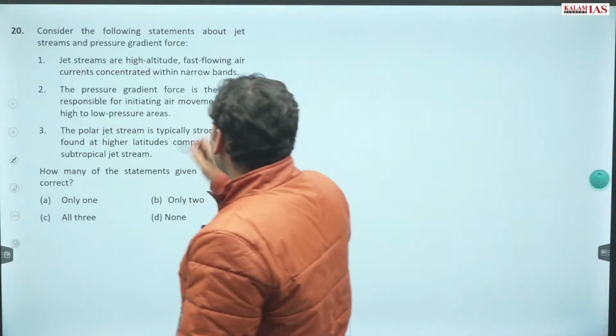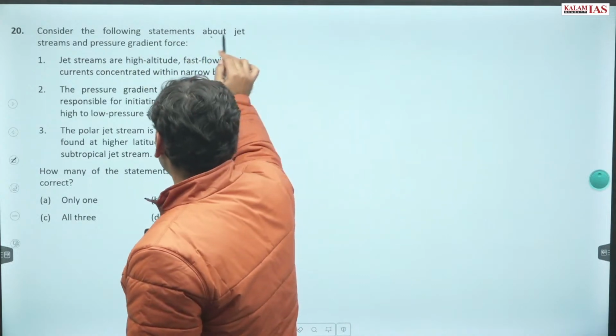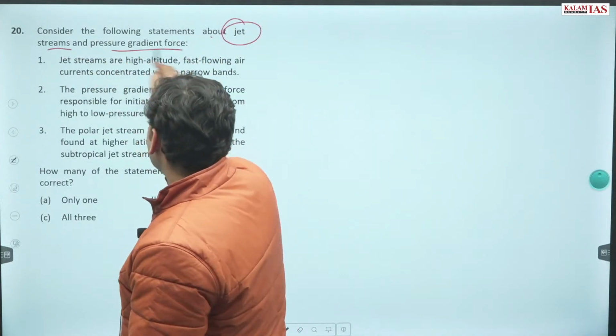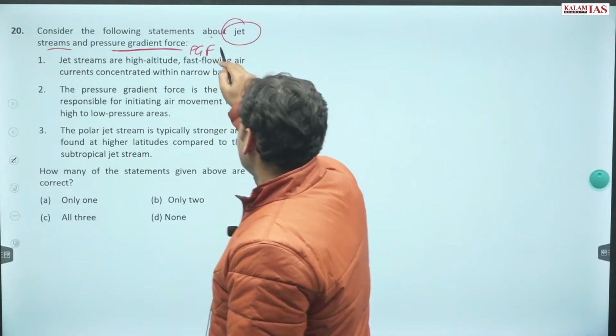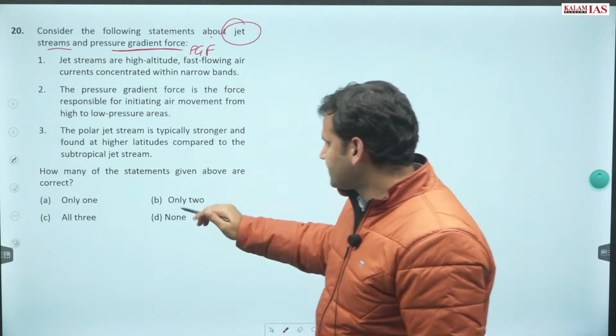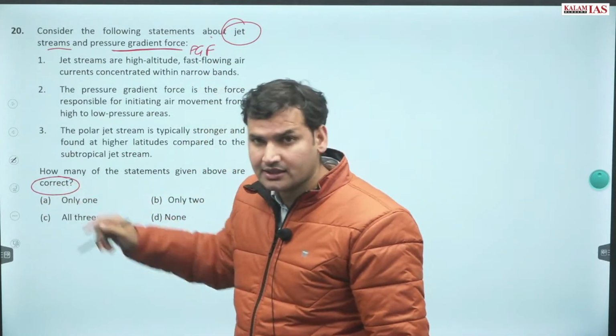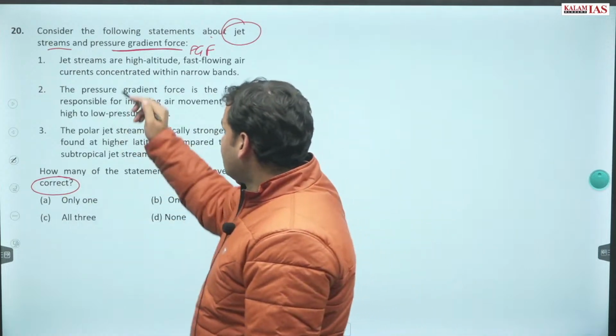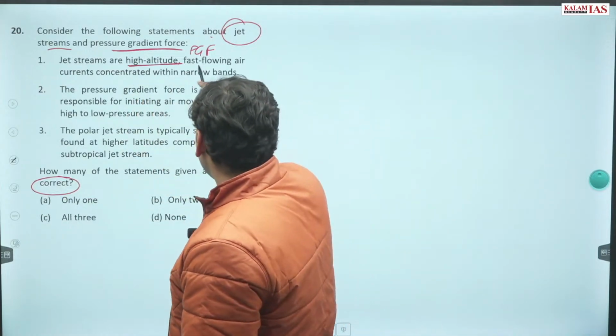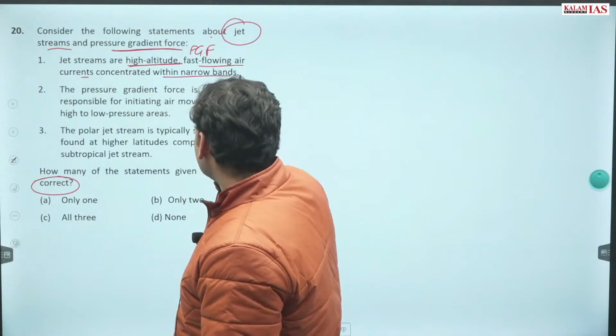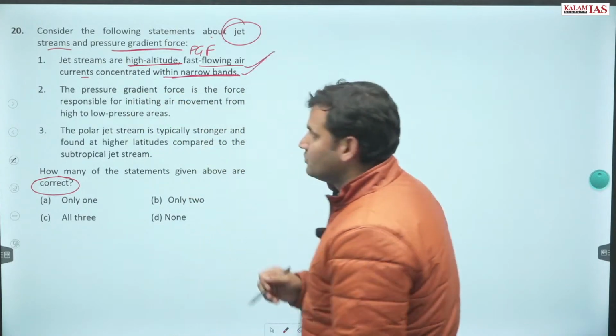Moving to question number 20, consider the following statements about jet streams and pressure gradient force. These statements are given, and first you should pay attention that it asks correct or not correct. Jet streams are high altitude fast flowing air currents concentrated within the narrow bands. Yes, this is true.